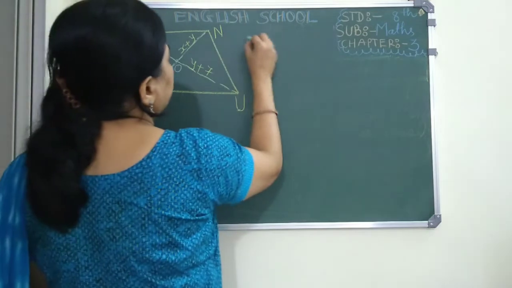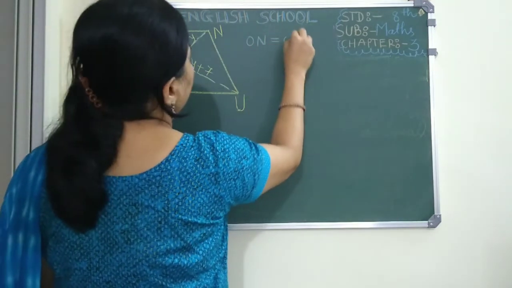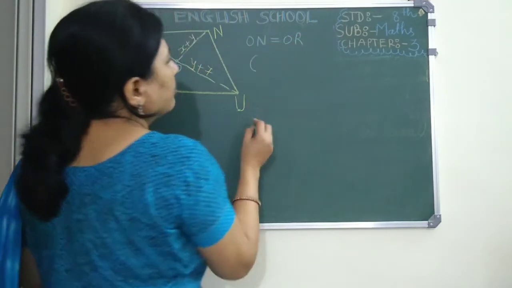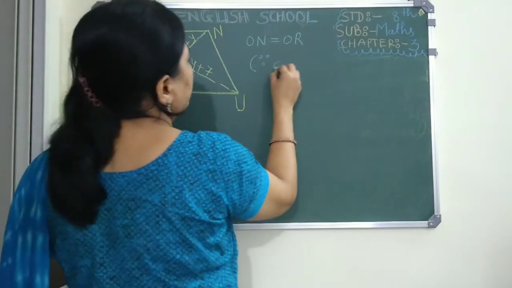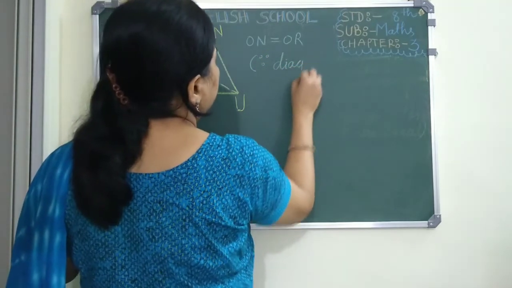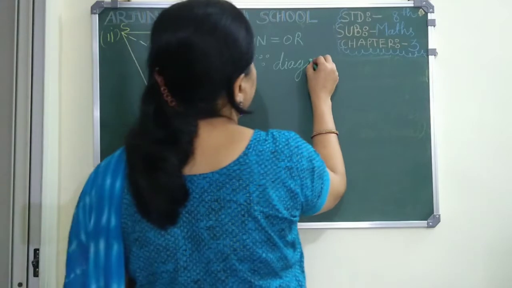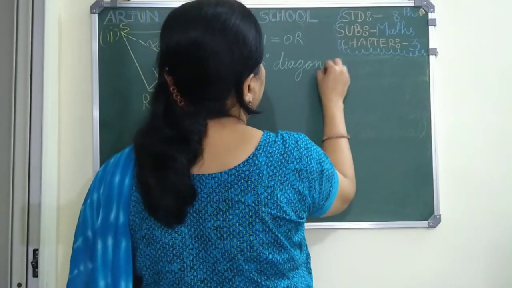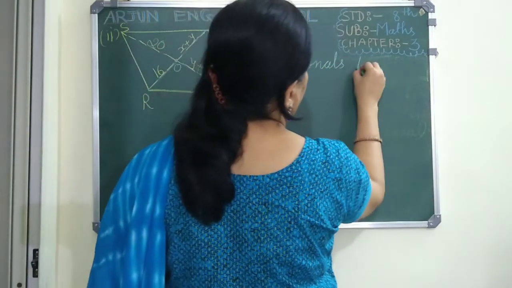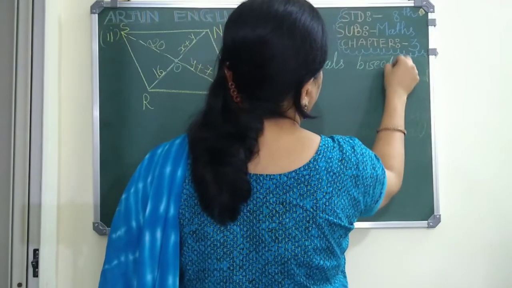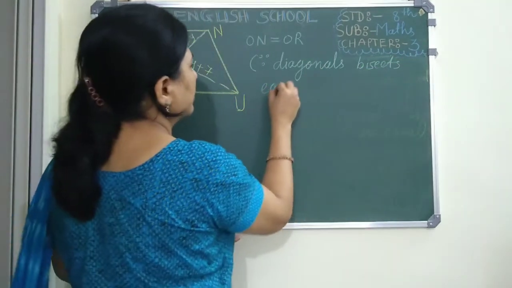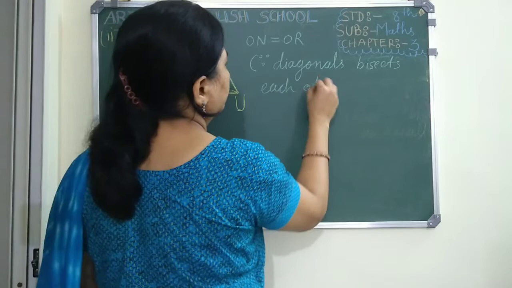So let us write this way, ON is equal to OR, because diagonals bisect each other.